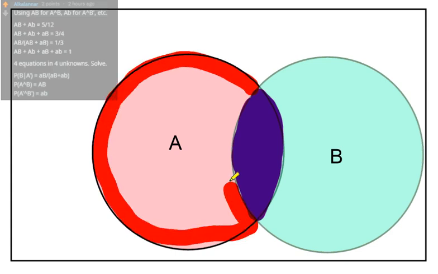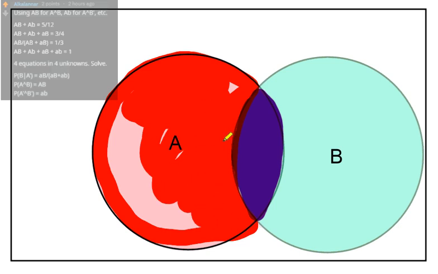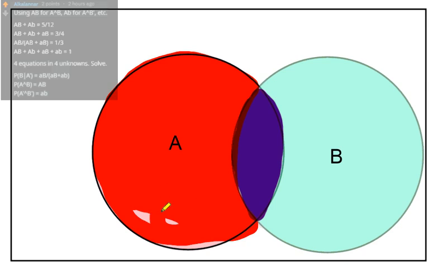And if you notice, after you shade in all of this, you've just shaded in the whole circle for event A, which means that if you add those two pieces together, then you do indeed get the probability of A. Okay.